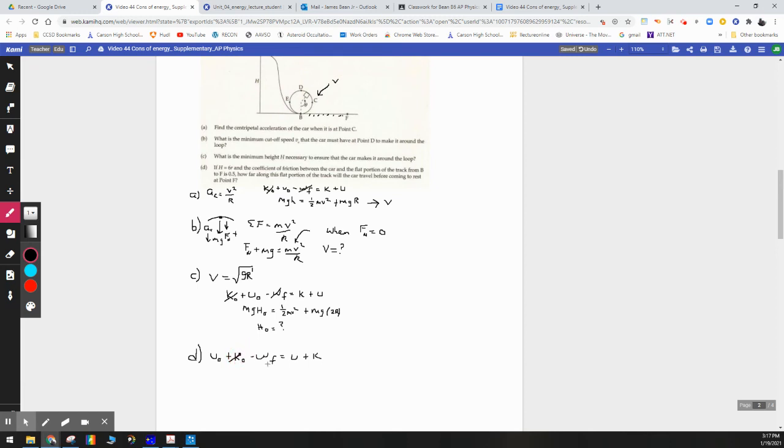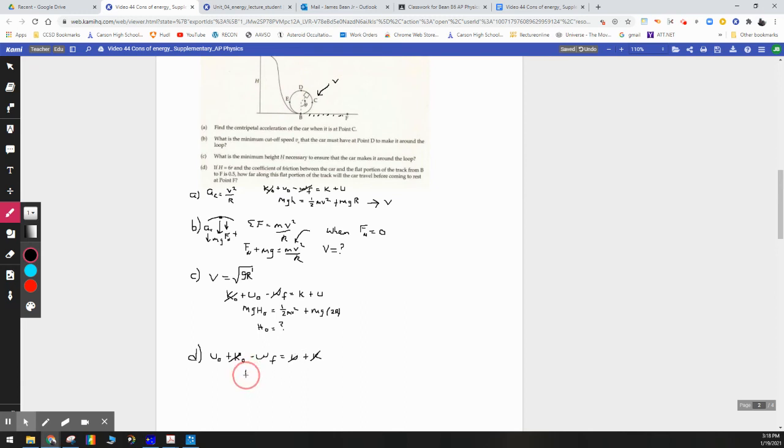But this time there is friction, so we can't cross that out. On this flat portion it's going to come to rest, so kinetic energy is gone. And this is the flat surface, so the height is 0, and that potential energy is also 0.